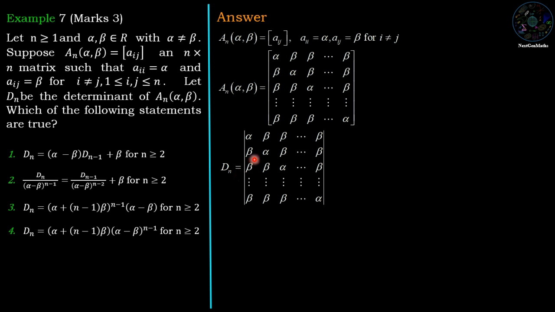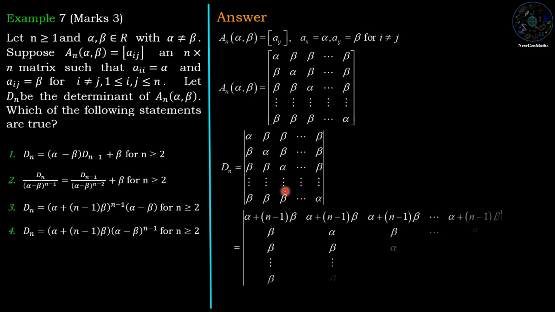To evaluate determinant Dn, we will use row operations and the effect of row operations on the value of the determinant, which was discussed in the suggested video. If you want to learn that effect, you can follow the suggested video. Now we apply the first row operation in which we add all the below rows to the first row.